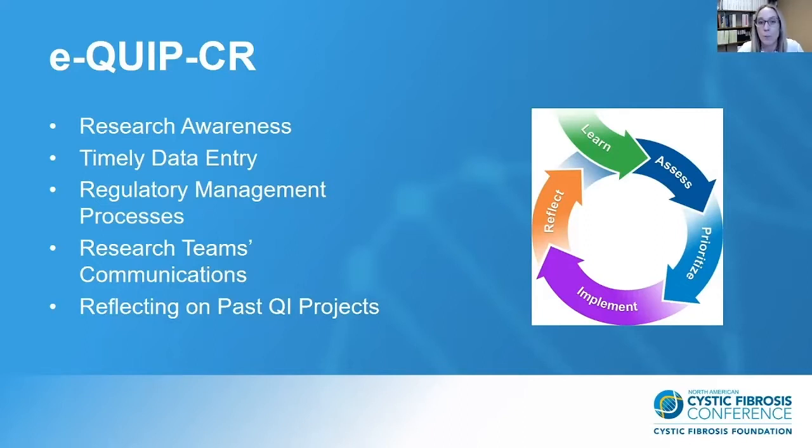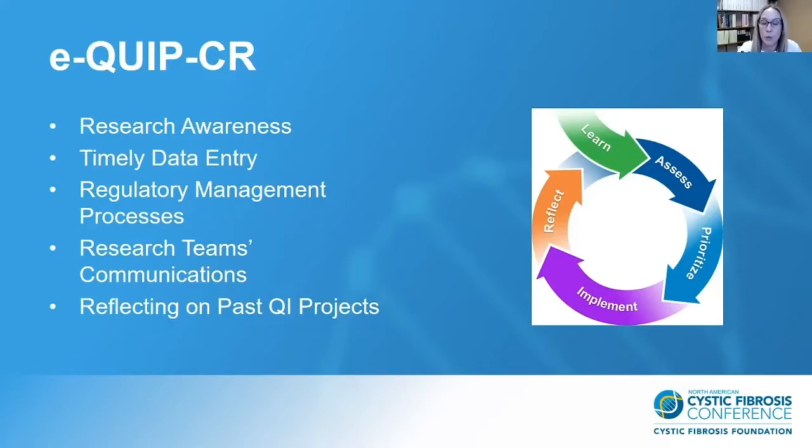Laura and I felt these QI presentations represented a part of each phase of the EQIP cycle. We'll start with how a site aims to improve research awareness, allowing sites to learn how to engage potential research participants. We'll hear how a registry coordinator has implemented timely CF registry data entry, making understanding your potential research participant population that much easier.